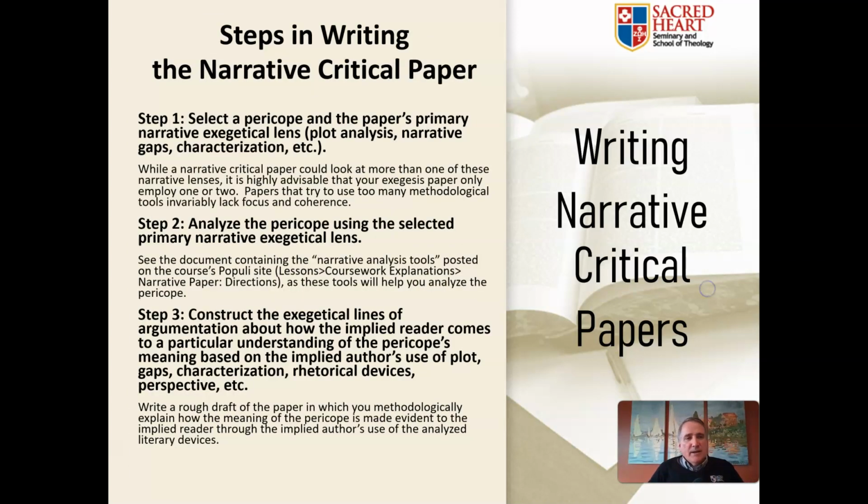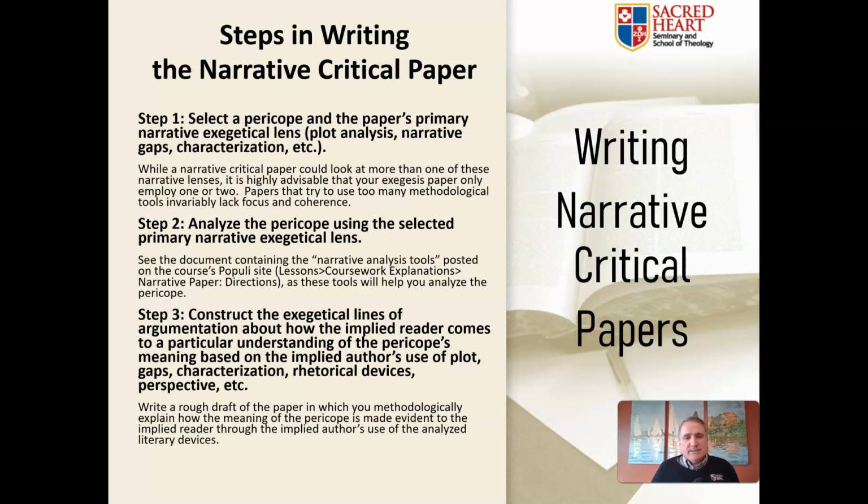All right. So how to write your narrative critical paper. First off, you select one of those 3 pericopes and your paper's primary narrative exegetic lens, whether you're going to use plot analysis, narrative gaps, or characterization. I would suggest that you don't use more than 1 or 2 of those. Whenever I've gotten papers that use a bunch of them, they kind of fail. All right?